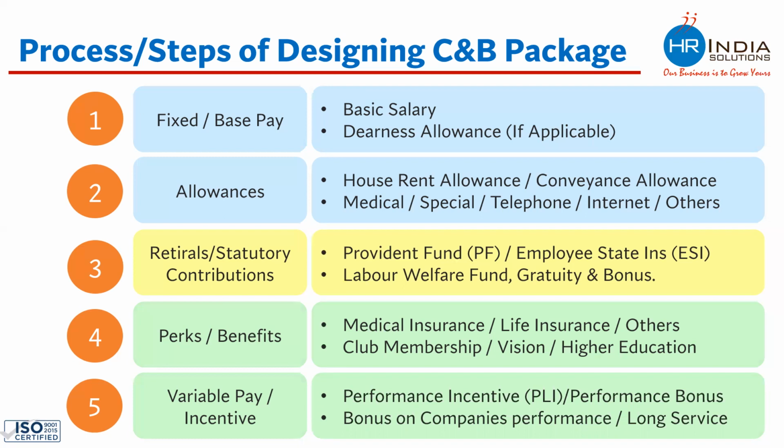There are many companies who pay incentive on the basis of the company's performance, not individual performance. How well the company is performing, on the basis of that you would be getting a bonus. And many companies provide incentive or bonus on the basis of a long service award. So these are the 5 steps of designing a compensation and benefit structure or package. Once you follow this, your entire process of designing a compensation and benefit package would be complete.